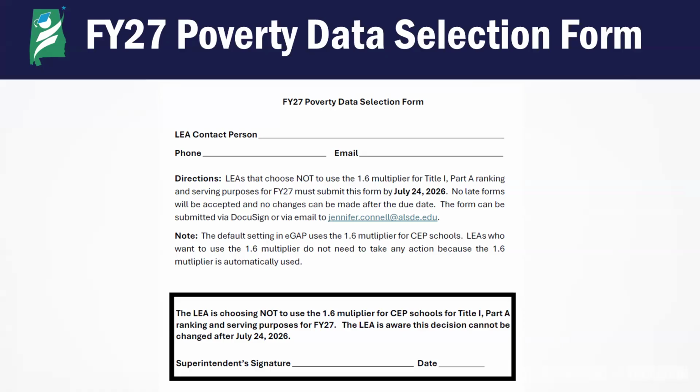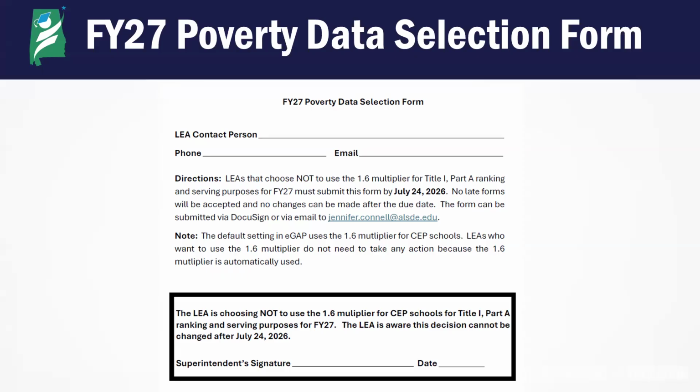Okay, so for the FY27 year, we have our streamlined poverty data selection form. This year, the only LEAs that need to complete this form are those that want to use the alternate option of not using the 1.6 multiplier.